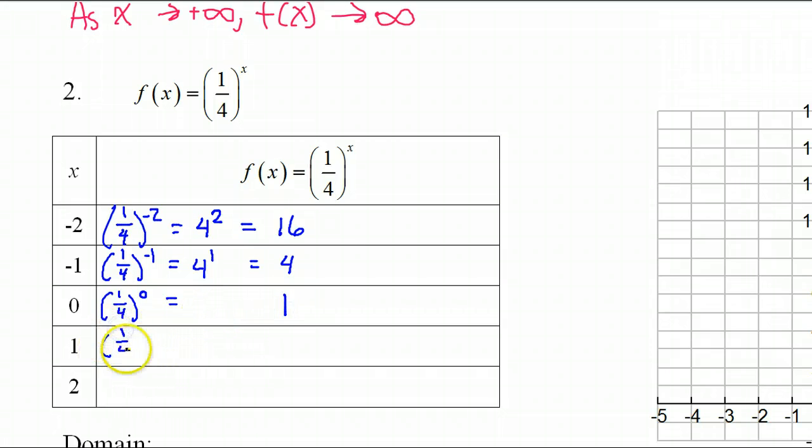And if I have 1/4 to the 1 power, that's just 1/4. And finally, 1/4 squared: 1 squared is 1, and 4 squared is 16, so that'll be 1/16. So these are the values that I need to graph.